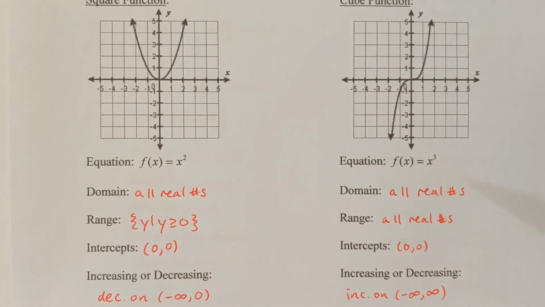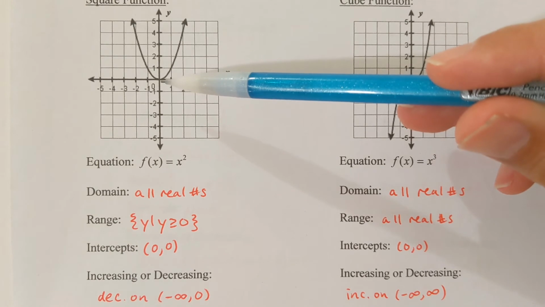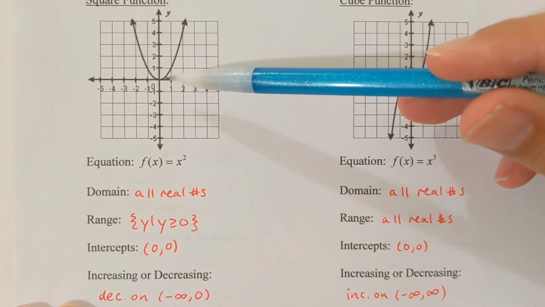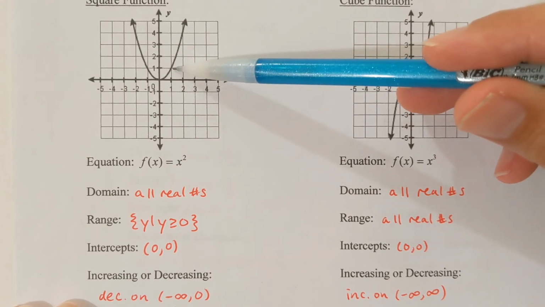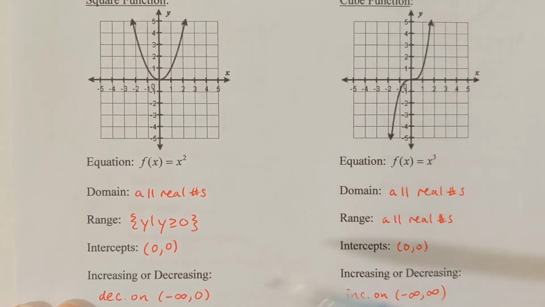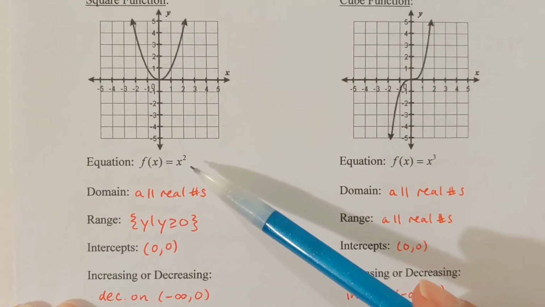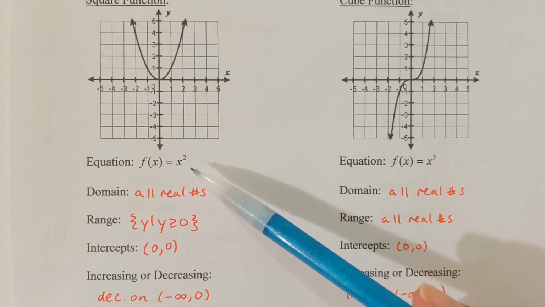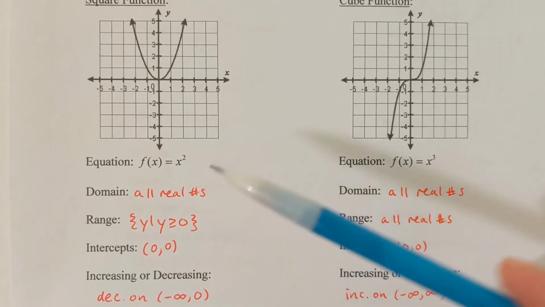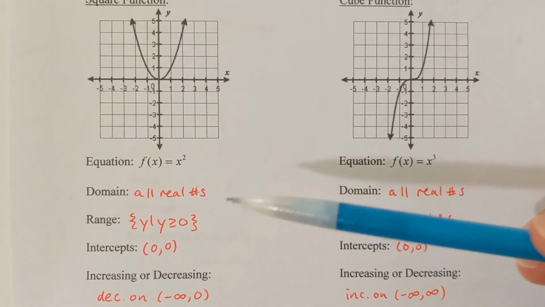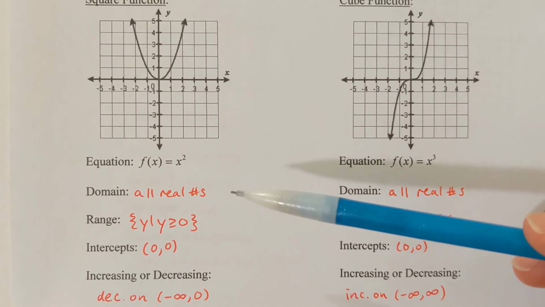So if y is 0, then x is 0. (0, 0) is on the graph. If y is 1, x is negative 1 or positive 1. In other words, any number that I square is always going to be a positive, a non-negative number, I should say. So that's why the range is all non-negative numbers.